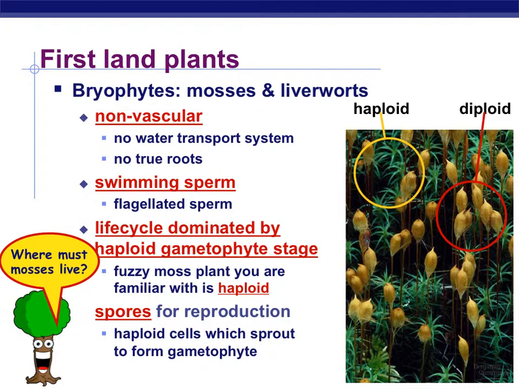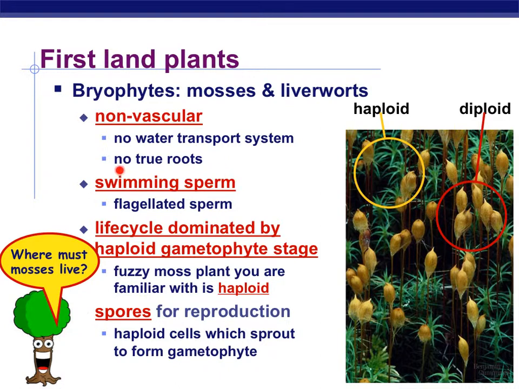And being non-vascular, of course, they have to live in a very, very moist, wet environment, because they need to rely on essentially osmosis to move water, as well as something called capillary action, where by cohesion and adhesion properties of water molecules are kind of able to climb on themselves and other things, if you remember that.